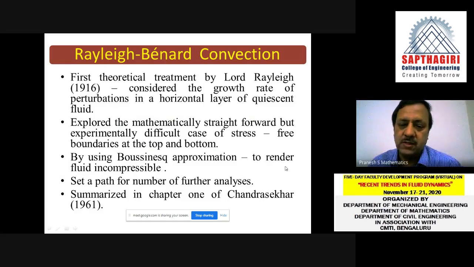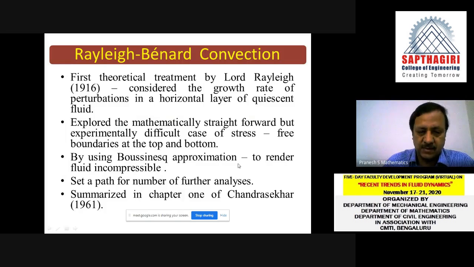And he used the Boussinesq approximation to make the fluid incompressible. So this analysis set a path for further analysis, and it is summarized in chapter 1 of Chandrasekhar's book, Hydrodynamic and Hydromagnetic Stability.